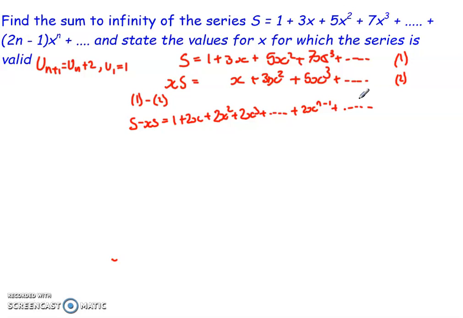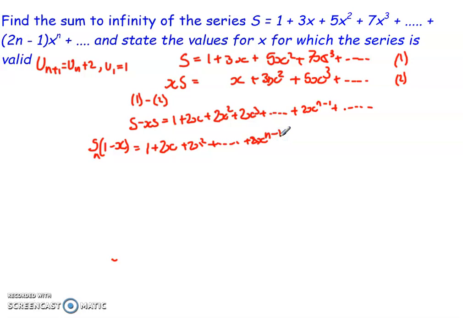What I'm going to do is say to ourselves, let's cut the series off and look at a partial sum. So let's cut it off at n minus 1 terms. If I take S out as a common factor and have it as S_n, the sum to n terms, what I know is that's going to be 1 plus 2x plus 2x squared, all the way up to plus 2x^(n minus 1).